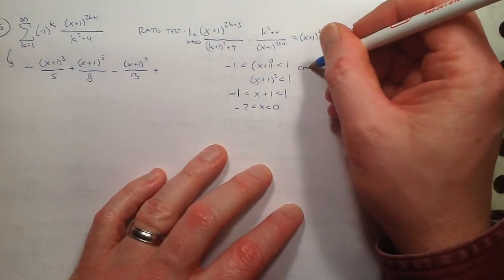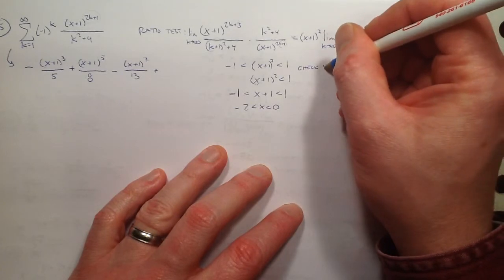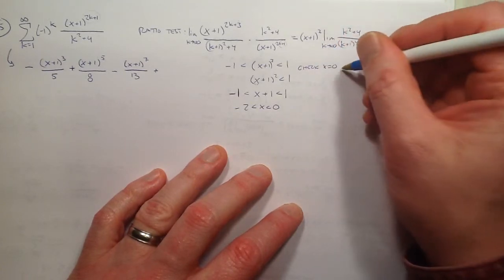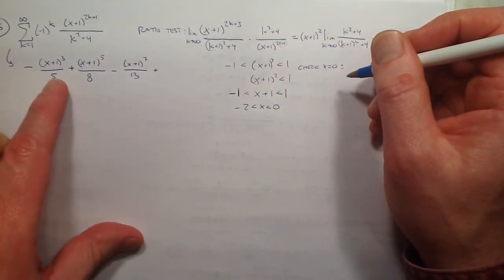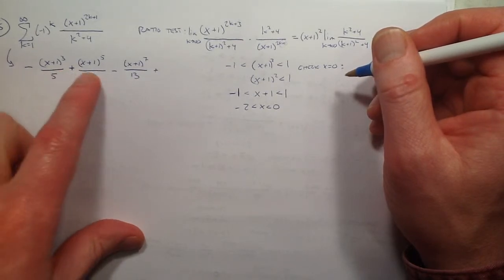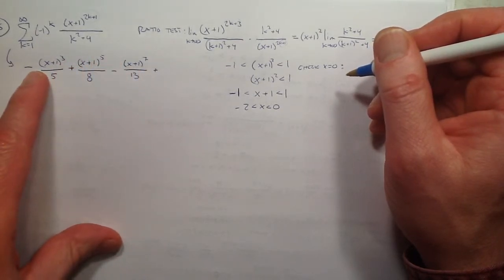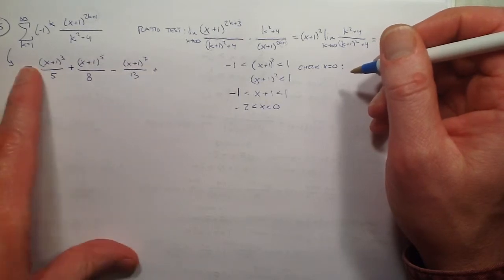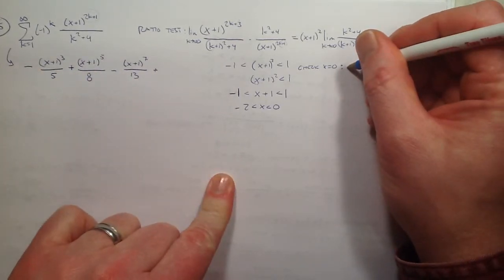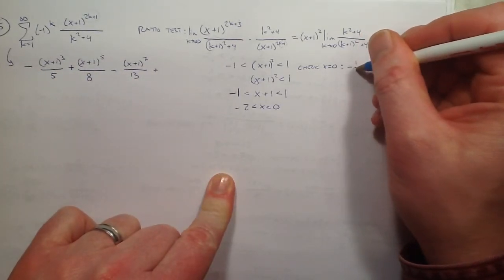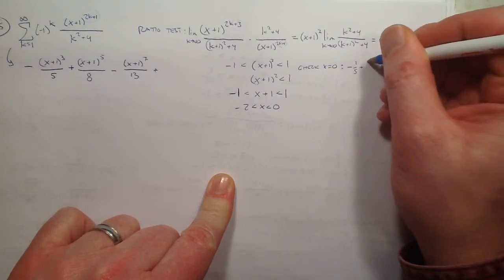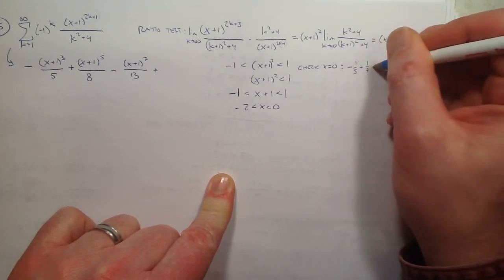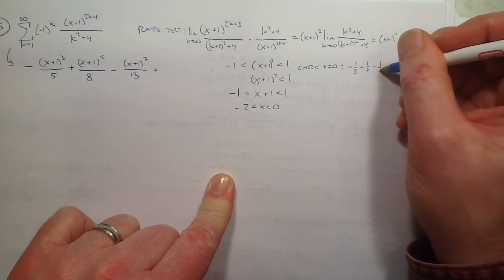Now we have to check the endpoints. x equals 0. So every time I plug in 0 for x, I just get a 1 here. So that means everything just turns into 1s. The signs remain the same. So I get negative 1 over 5 plus 1 over 7 minus 1 over 9.